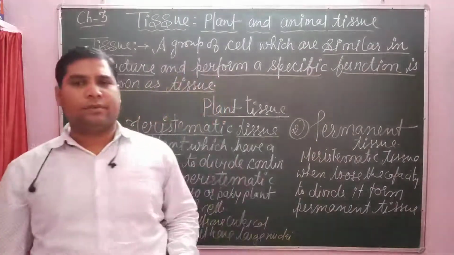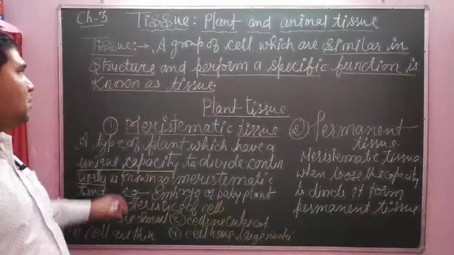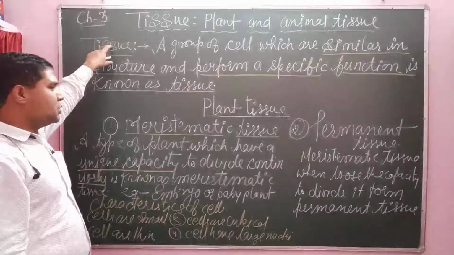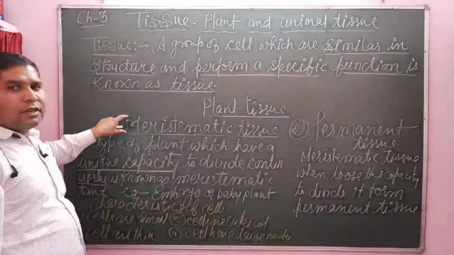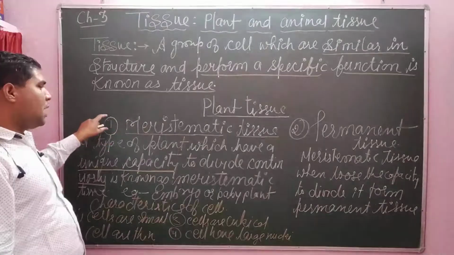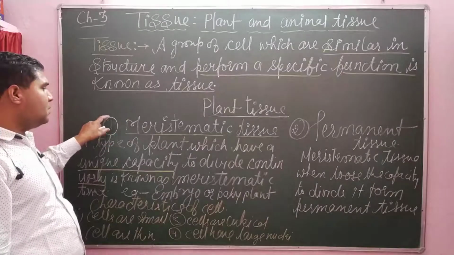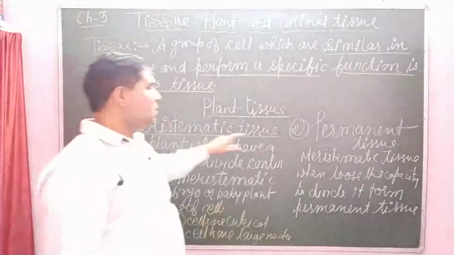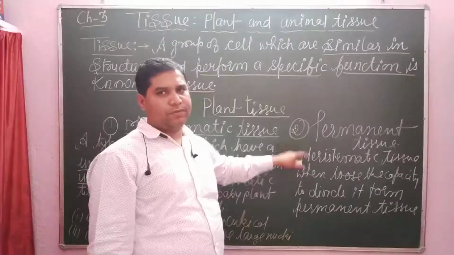So I hope you may have understood what do you mean by the tissue and types of the plant tissue. So plant tissue are of the two types, meristematic tissue and permanent tissue.